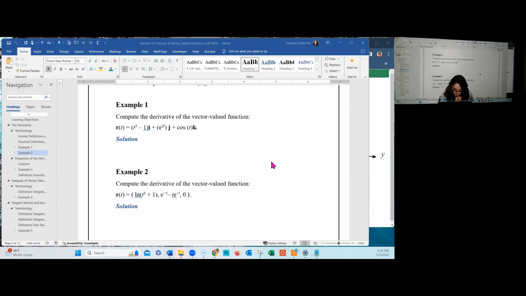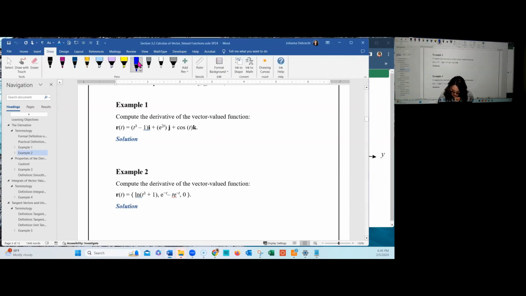To find the derivative, it literally just means take the derivative of each component function, but remember that it is itself a vector. So this is going to give me another vector valued function: the derivative of 3t squared in the i hat direction, 2e to the 2t in the j hat direction, and negative sine of t in the k hat direction, right?